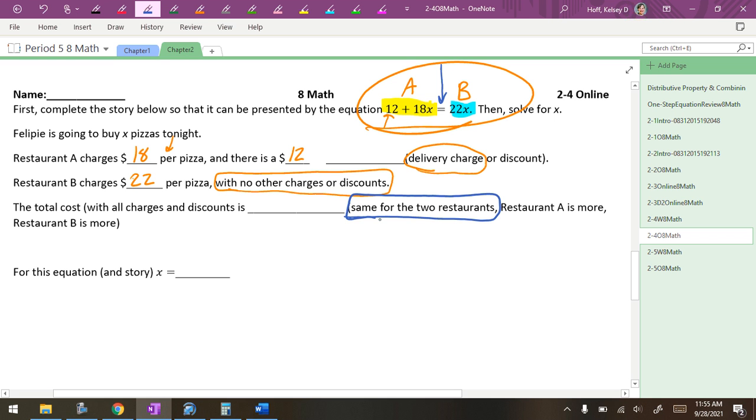All right, on your own. Solve 12 plus 18x equals 22x to tell me how many pizzas Felipe can buy at both stores for the same cost.